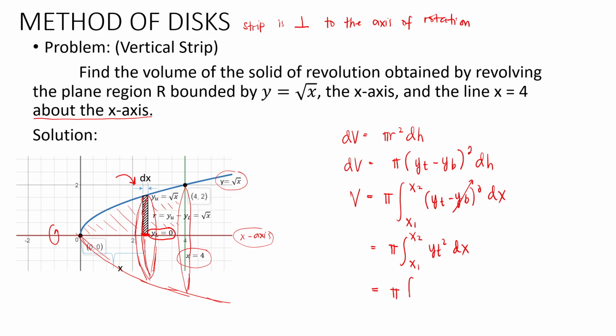So pi, then from 0 to 4, the x limits. And then again, in terms of y top, that will be the blue graph. So expressed as y equals x something, that will be y equals square root of x. So this one is square root of x squared dx. And then again, you can now use your calculator.